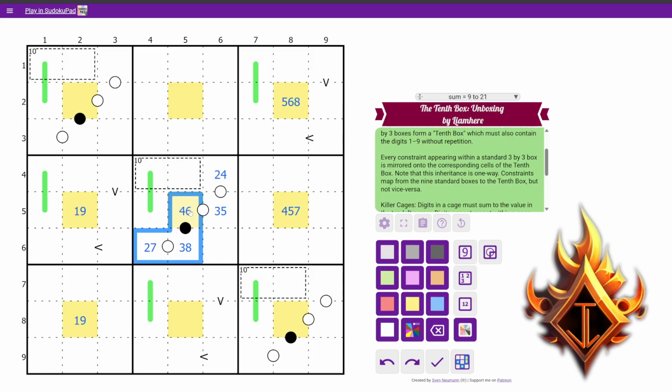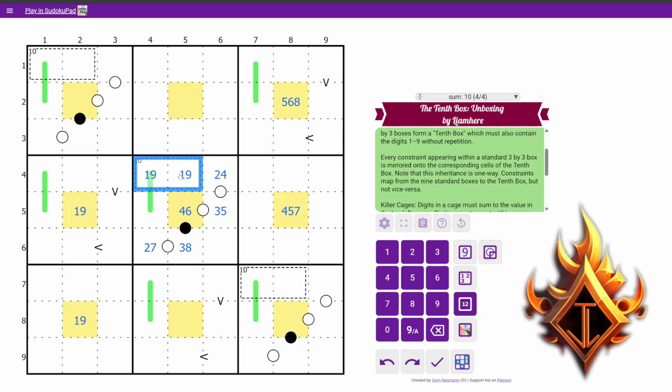No matter which way around this goes, it's going to take out everything but 1, 9 from being able to be in here. So if it is 2, 3, 6, that's 3 out of the 4 ways to make 10. It is 7, 8, 4. That's also, so this is 1, 9.